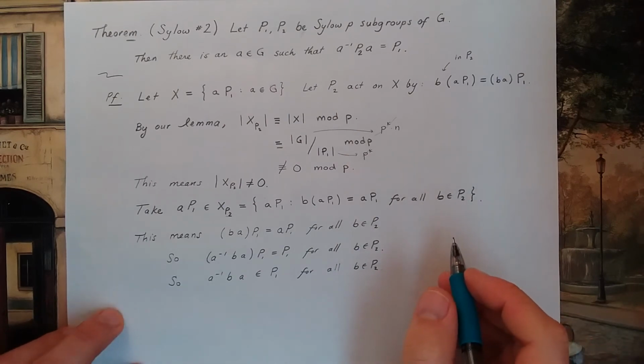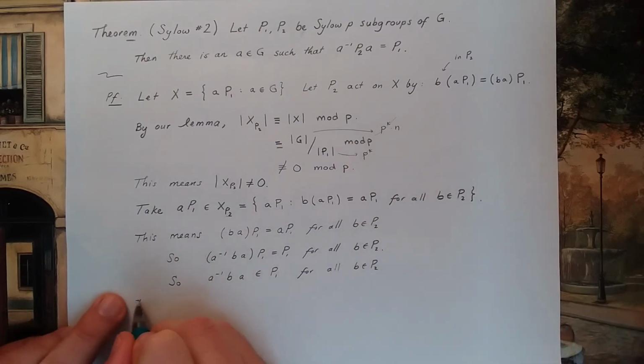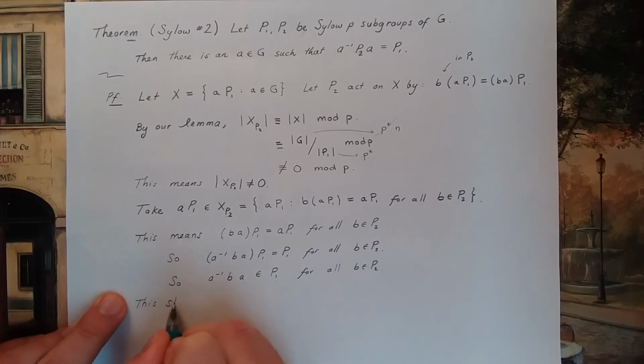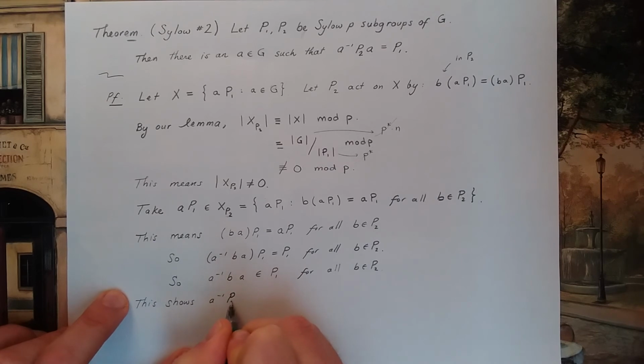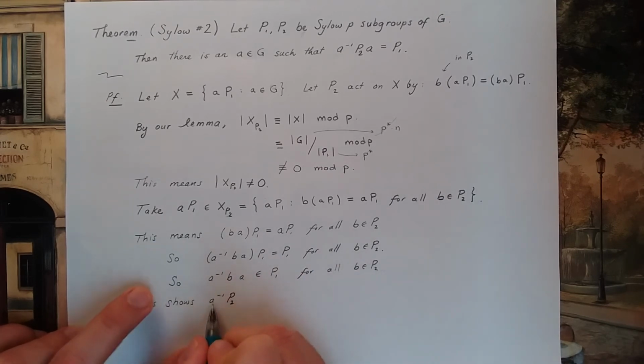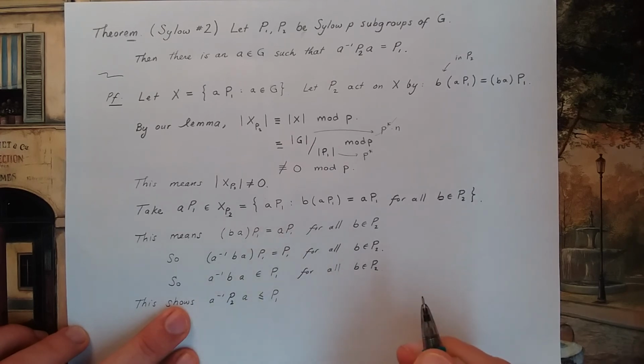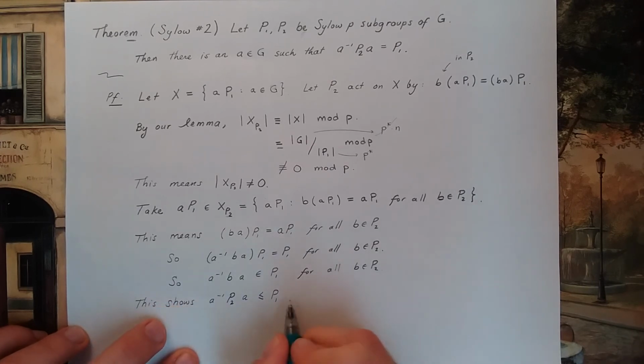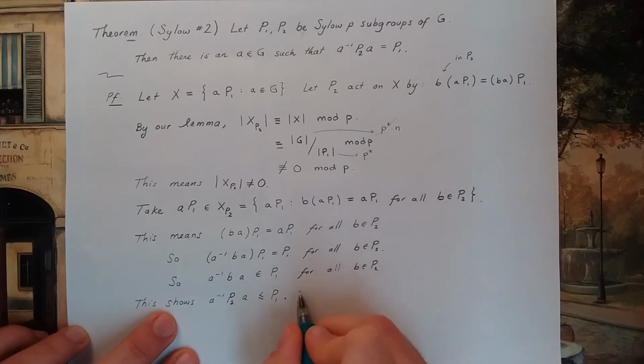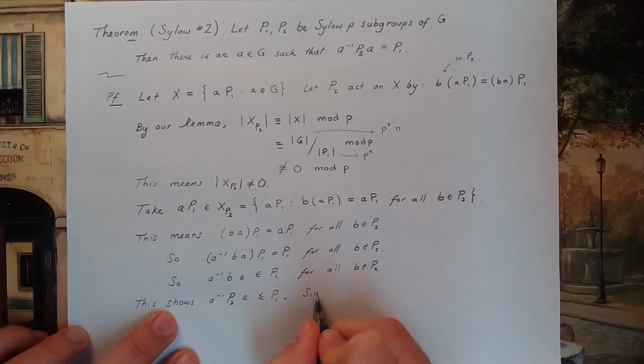In other words, this shows that a inverse P2 a, where b was in P2, so if I take anything in P2 and do a inverse P2 a, then I land back in P1. I get a subgroup of P1. But these two sets have the same size.